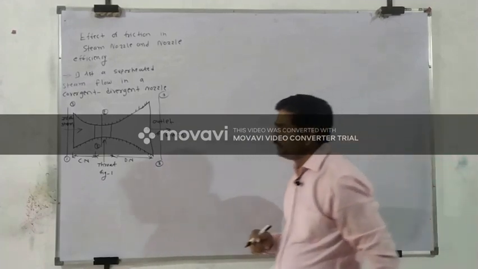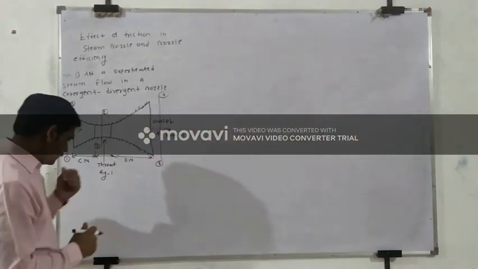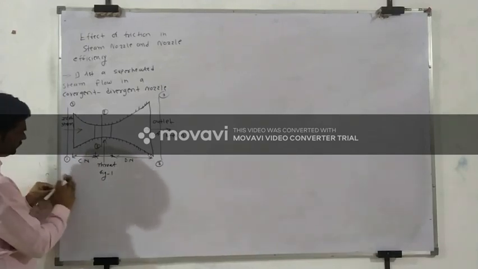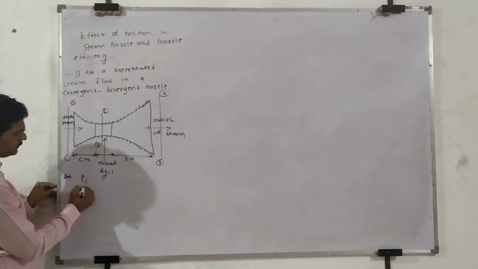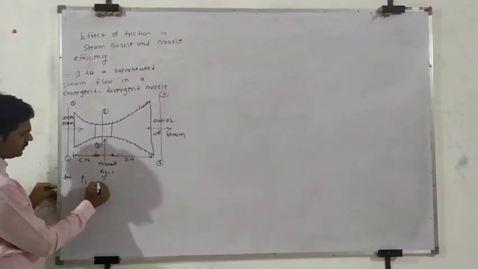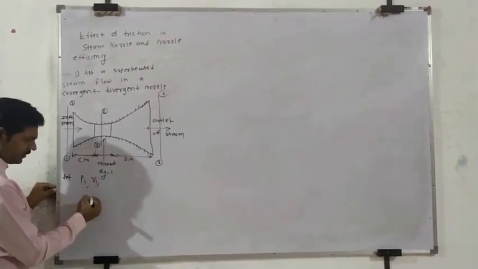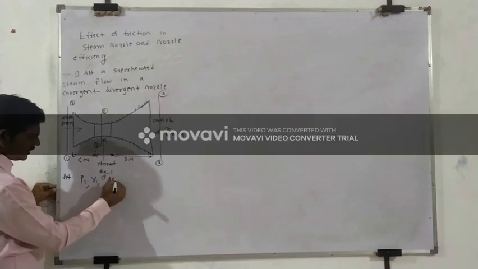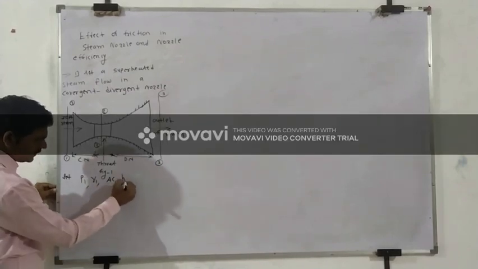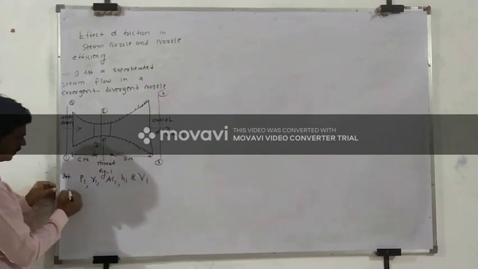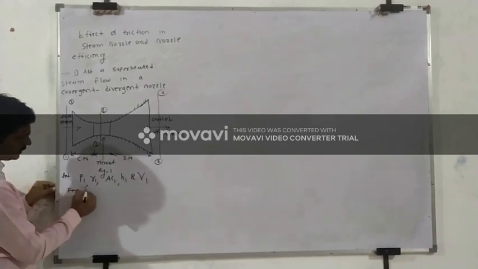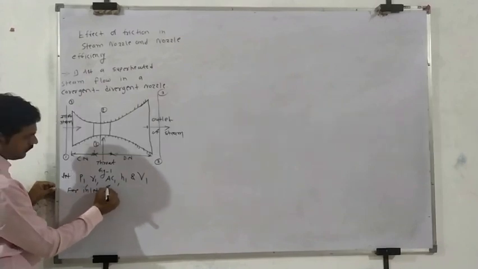Okay. So boys, we know that let P1 be the initial pressure, specific volume V1, cross sectional area AC1, enthalpy H1 and velocity V1 at the inlet of the nozzle.